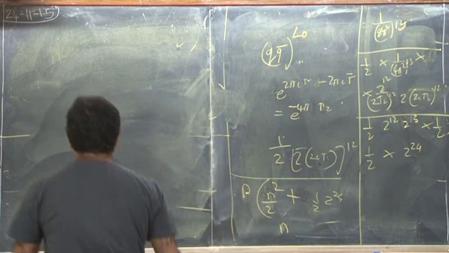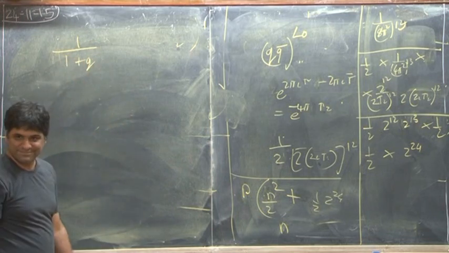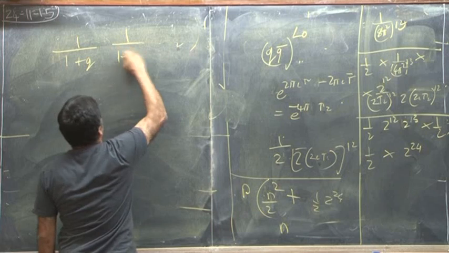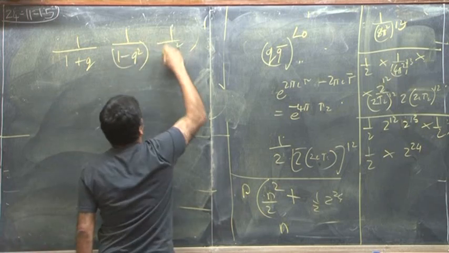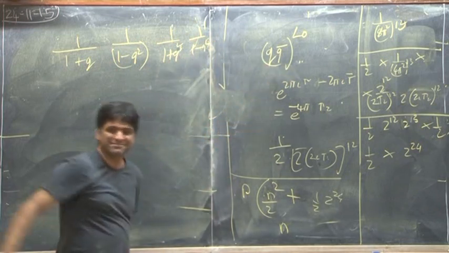Okay? So we will get 1 over (1 plus q) times 1 over (1 minus q squared), times 1 over (1 plus q cubed), and so on. That's all. You see this?